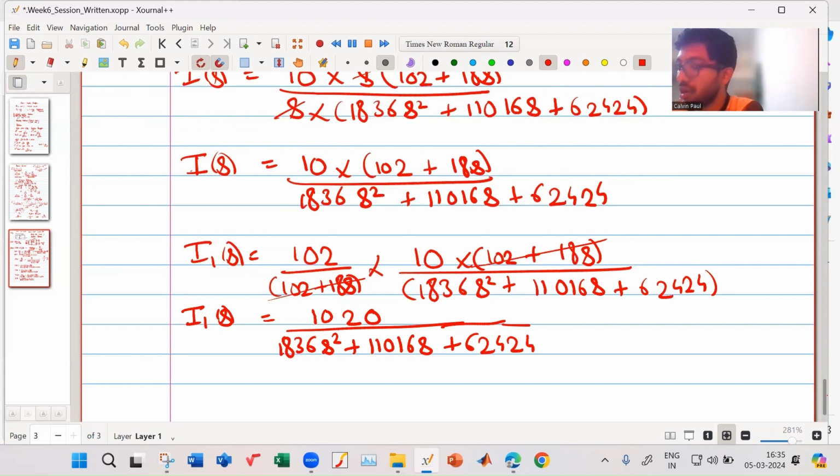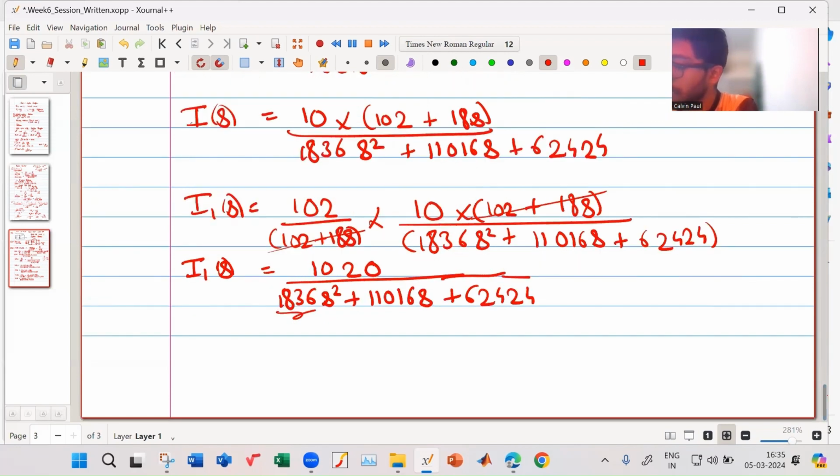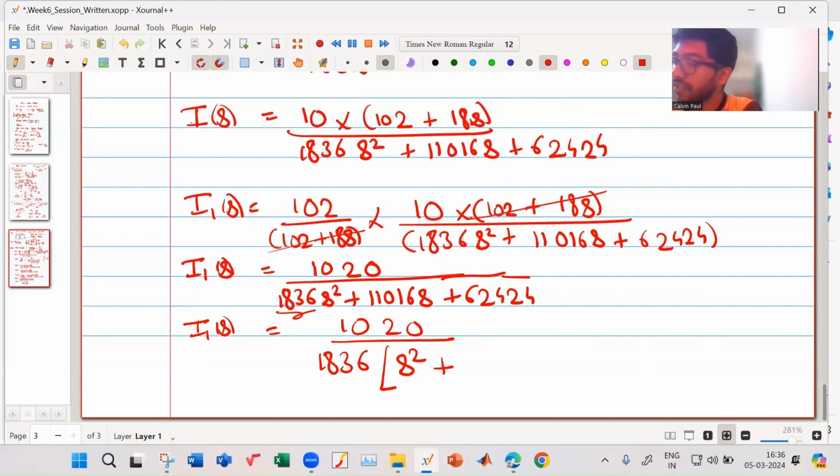So what do we do? We take 1836 common. So we get 1020 upon 1836, and this becomes S square. So we have to divide 11016 by 1836. What is that?